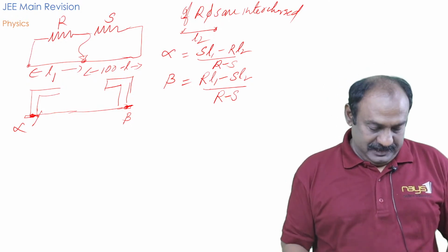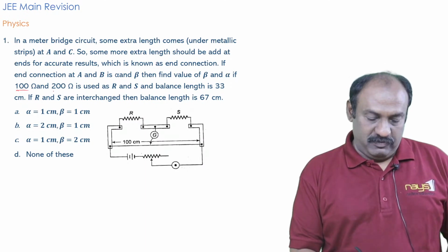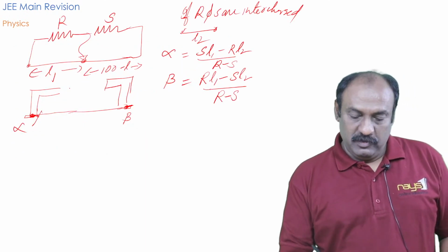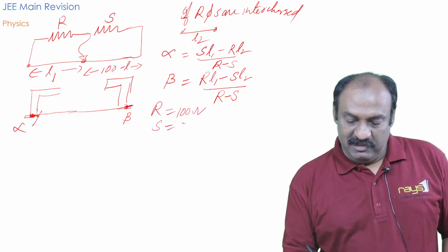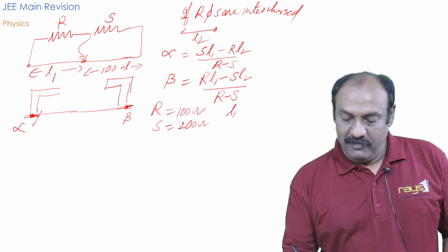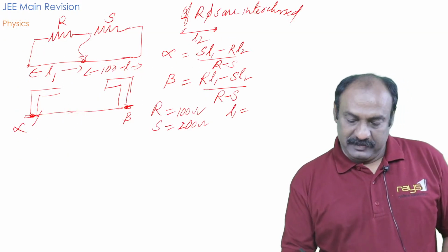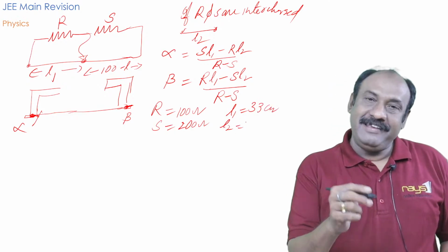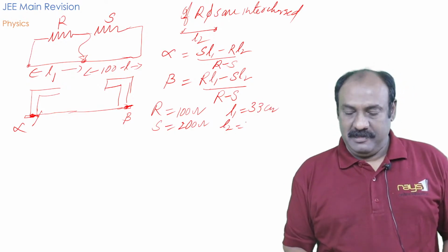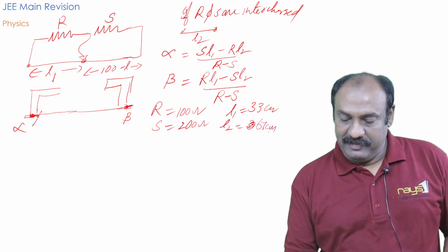Here in the data, what are the values? R is given as 100 ohm and S is given as 200 ohm. What is the L1 value? It is 33 centimeter, and the L2 value, by interchanging R and S in the two gaps, is 67 centimeter, given in the data.